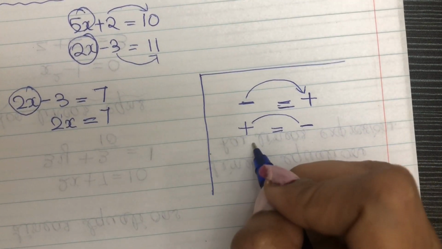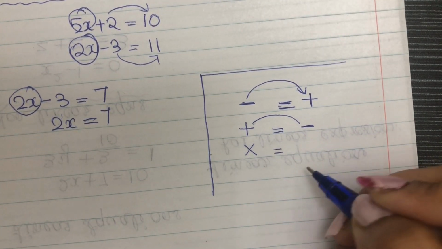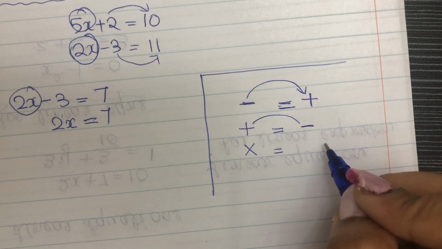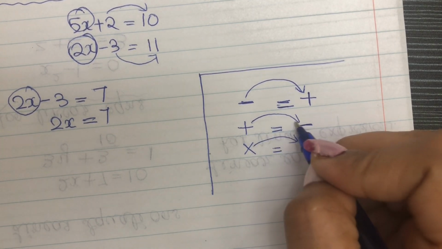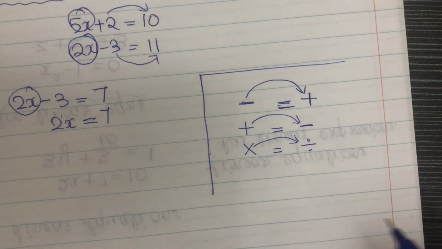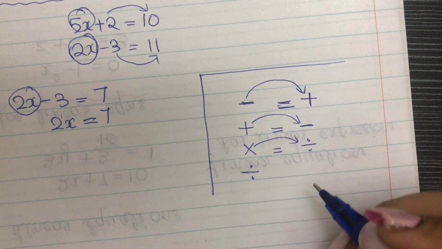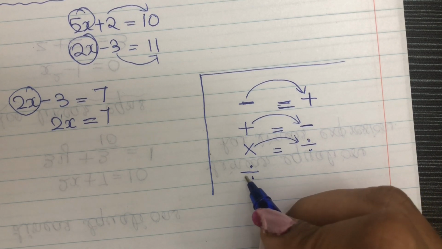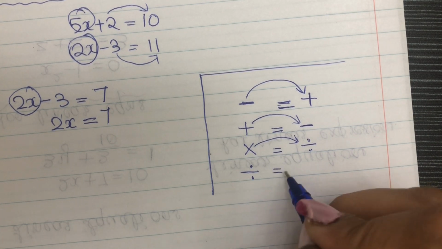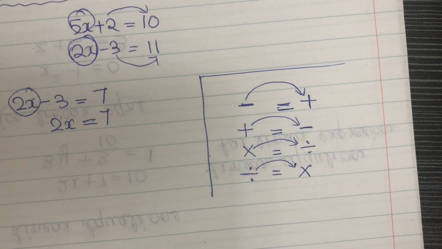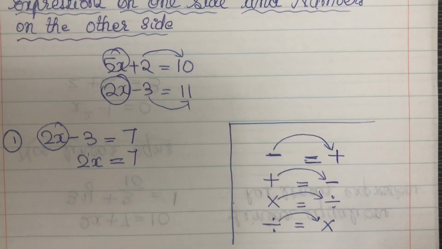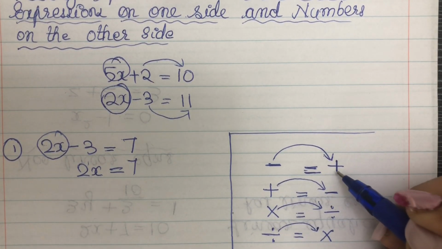Whenever you are transferring a term which is multiplied to the other part of the equal sign, it will be division. Whenever you are transferring a term which is divided to the other part of the equal sign, it will be multiplication.